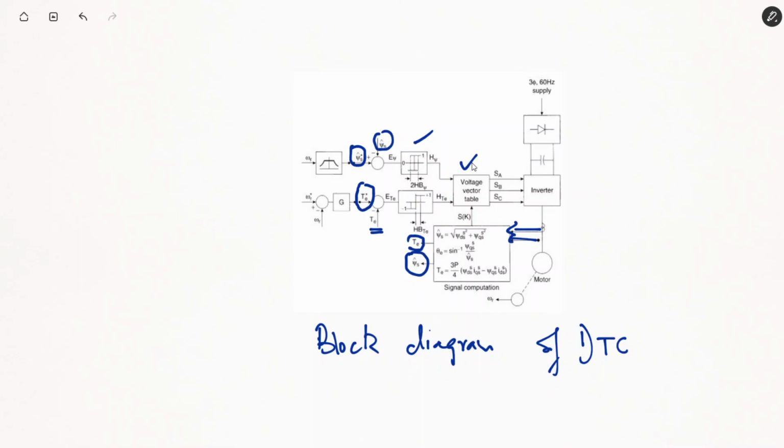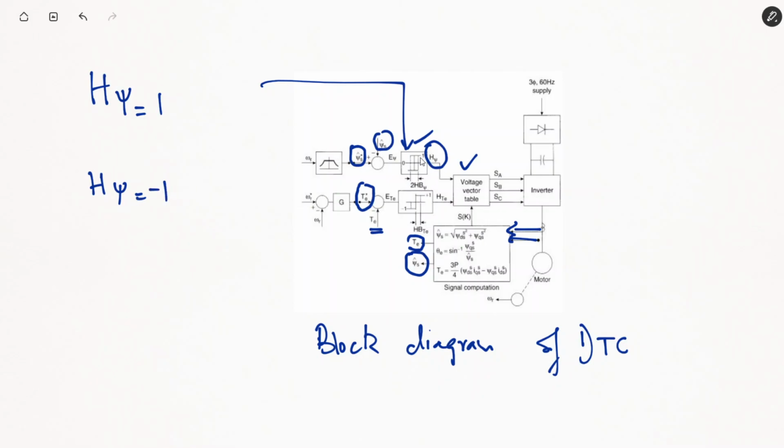Now the switching logic for the hysteresis controller here is that the output will be either positive, this value H psi, the control parameter here, will be either 1, or -1.